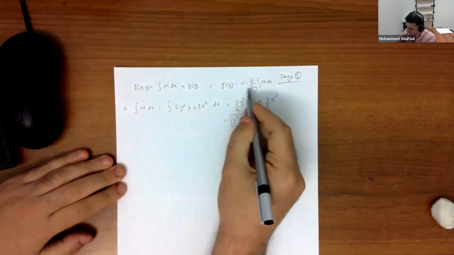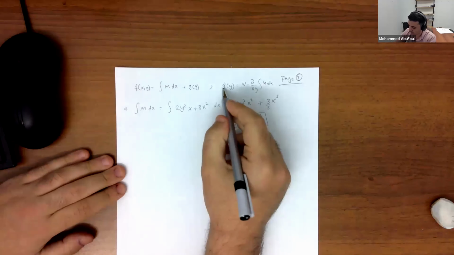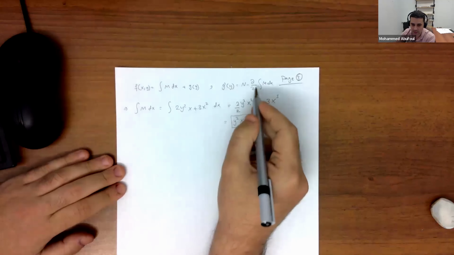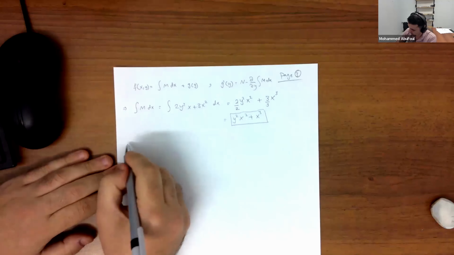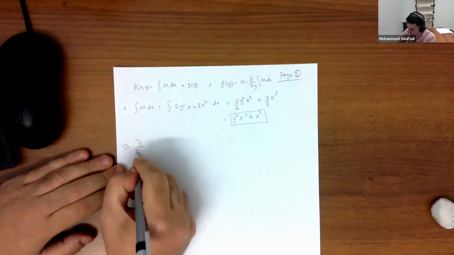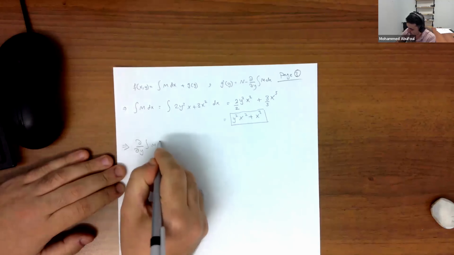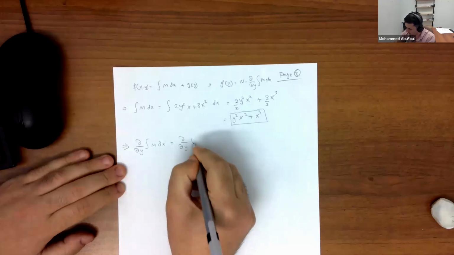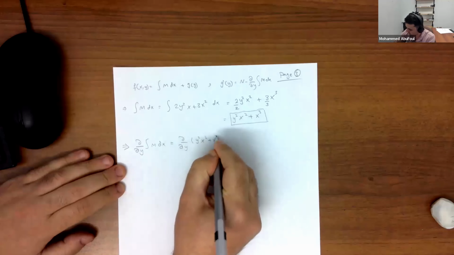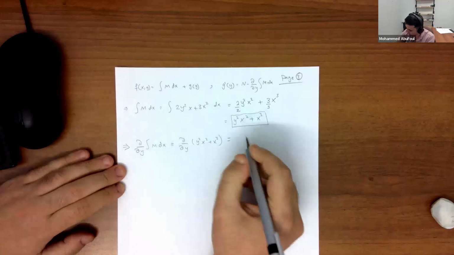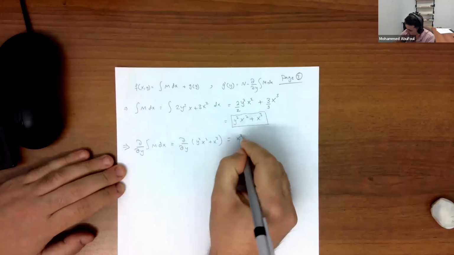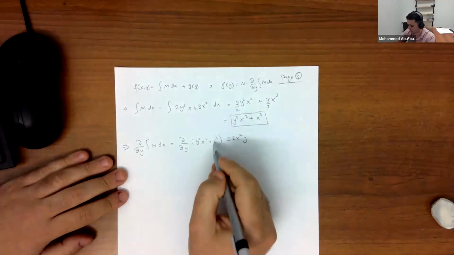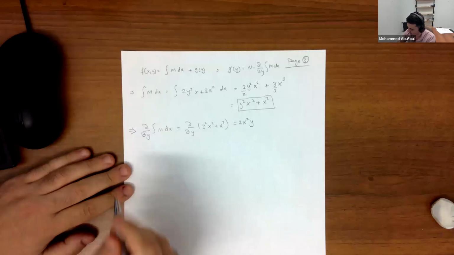The second term is g prime y. Before we find g prime y, we need to find the derivative of this with respect to y. So d over dy of the integral of M dx is d over dy of y squared x squared plus x cubed. With respect to y, x squared is constant, and x cubed is constant with respect to y, so it's 0.